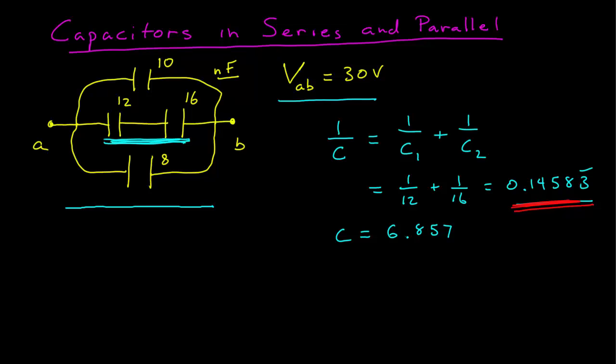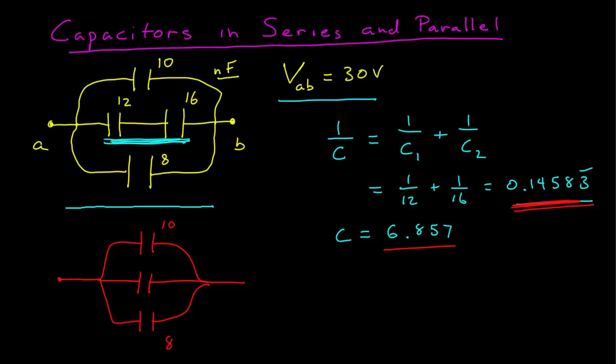Okay. And so now that we have the equivalent capacitance, we have a system that looks like 3 capacitors all in parallel, where the one on the top is 10, the one on the bottom is 8, and the one in the middle is this 6.857.